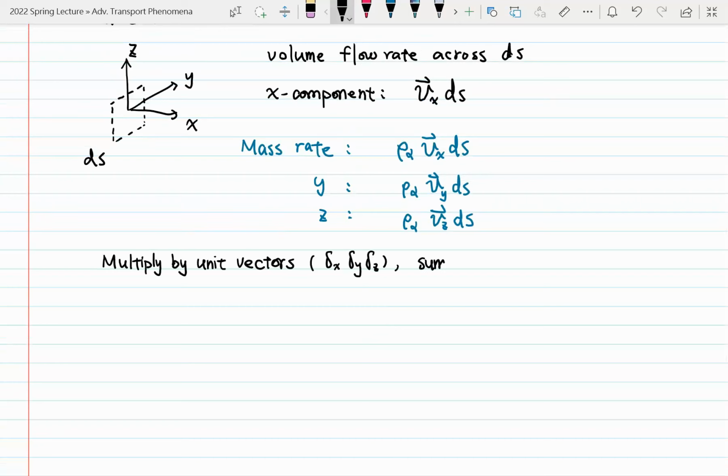We're going to sum them up and divide by the control surface area. So divide by ds.